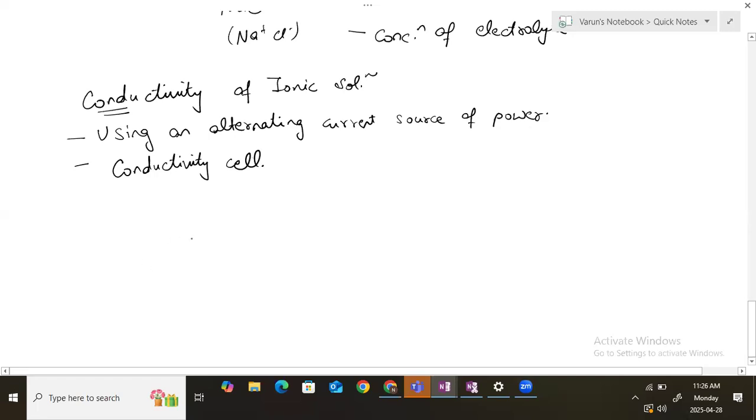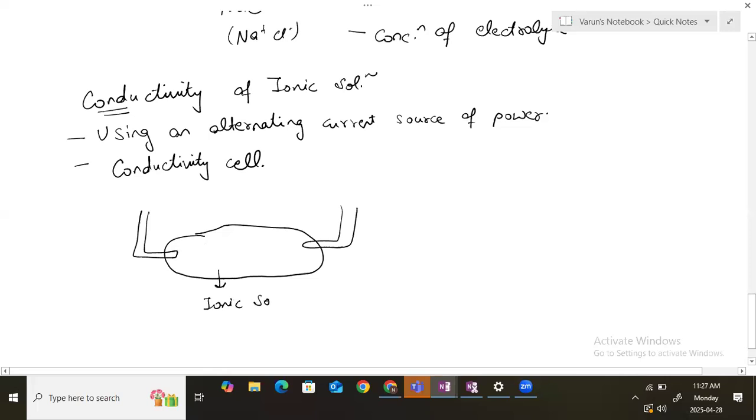So now what is a conductivity cell basically? A glass tube is over here, connected by two electrodes. In this tube, I have my ionic solution whose conductivity is to be known. Got it?